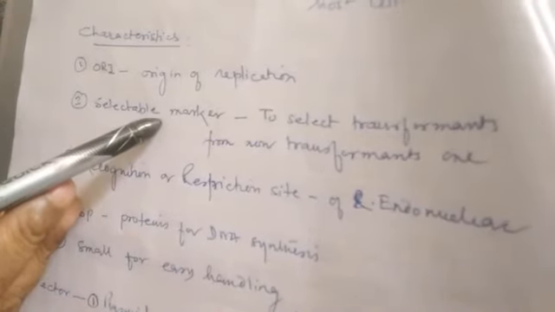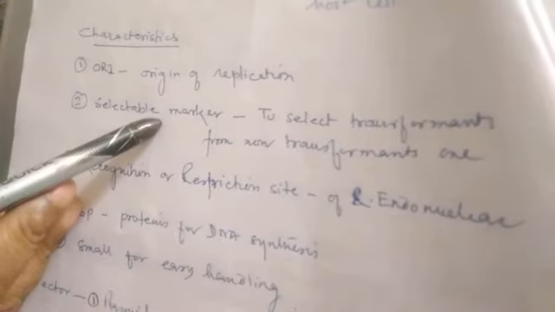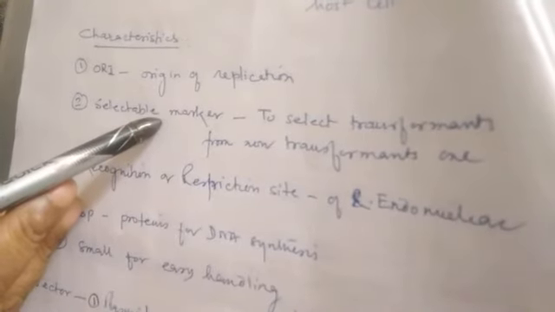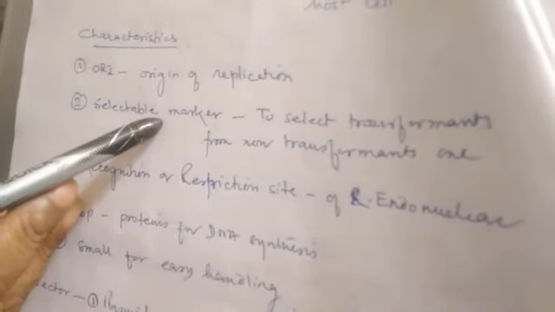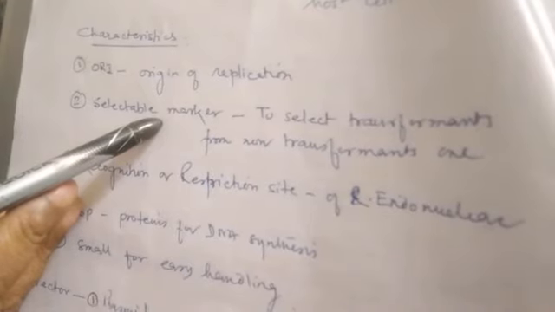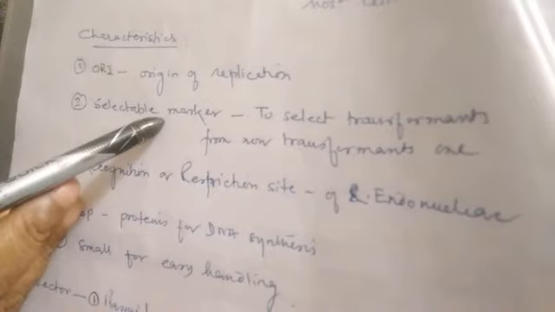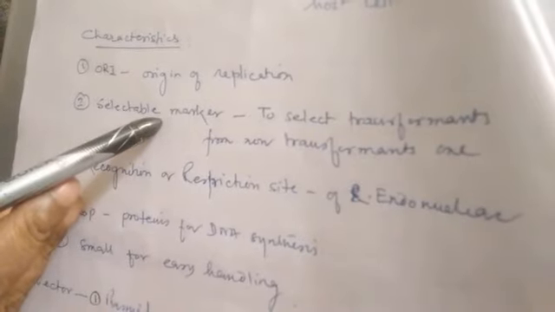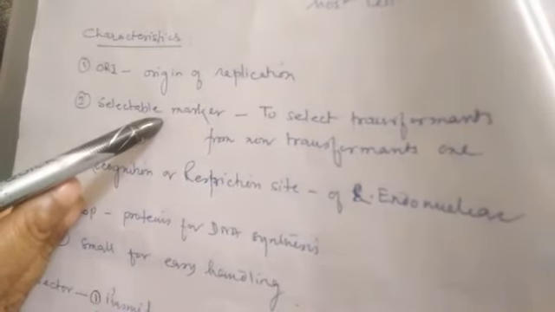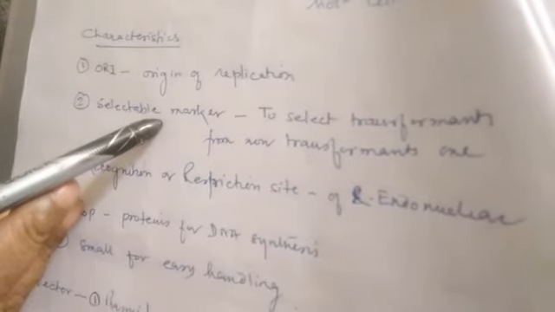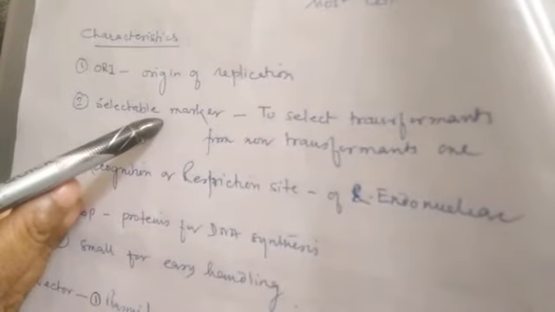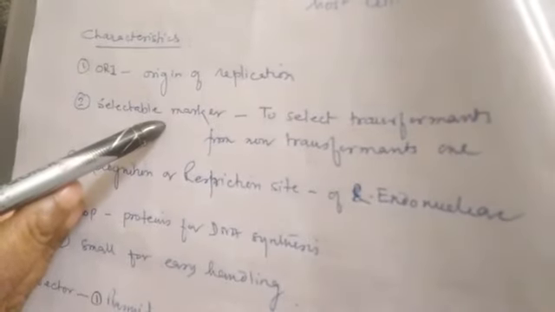No. Without any marker, you can't screen out in which cell it has been inserted and which cell not. And that is very important, because further proceeding will be only with those cells which have this desired gene, that means which are the transformants.